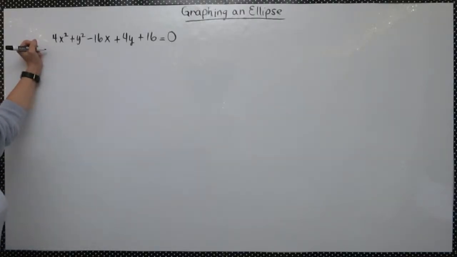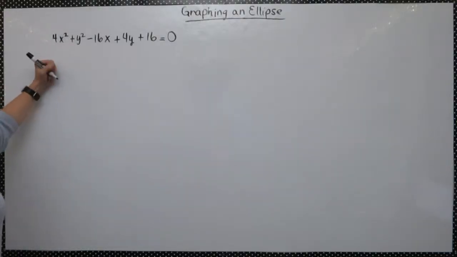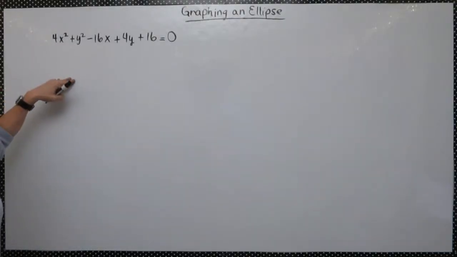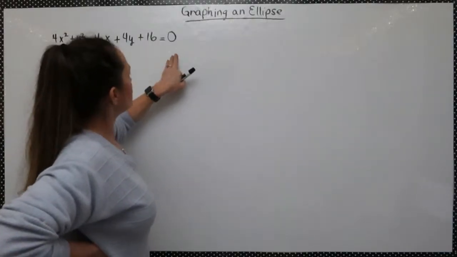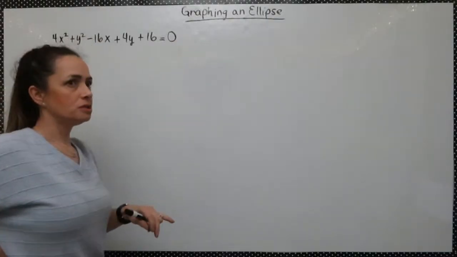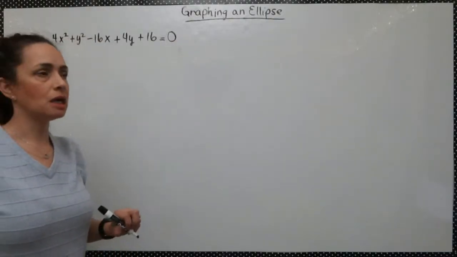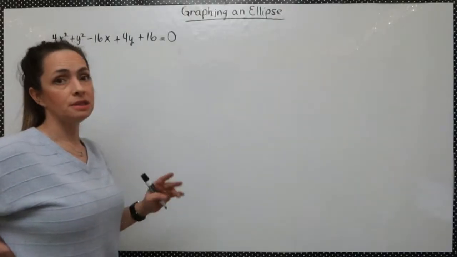What you're doing is taking it from this form, which is almost like polynomial form, and converting it into that standard form. So we're going from general form to that form that we were playing with yesterday. Very similar. The equations for ellipses and hyperbolas are almost identical. There are just a couple of minor details. Okay.